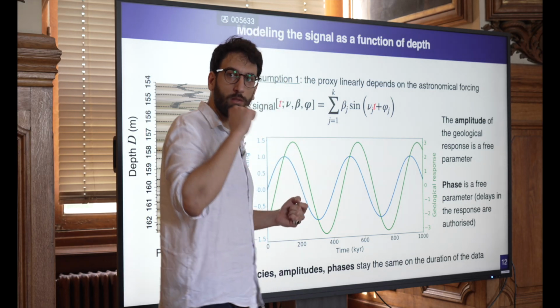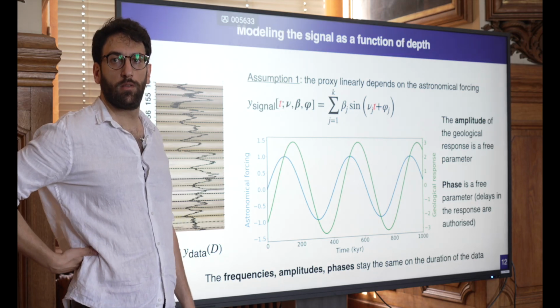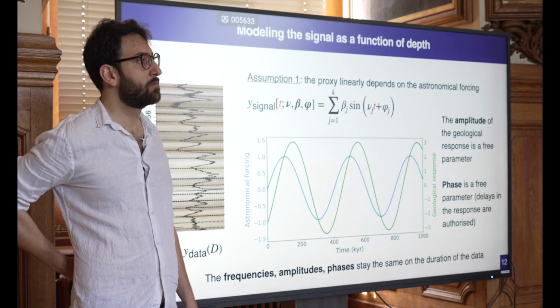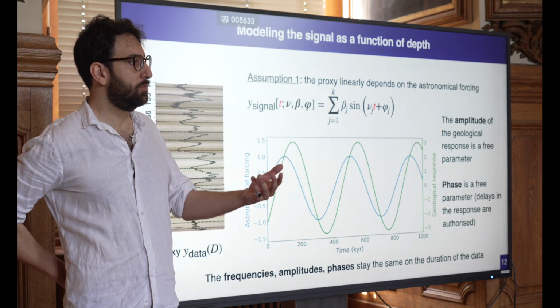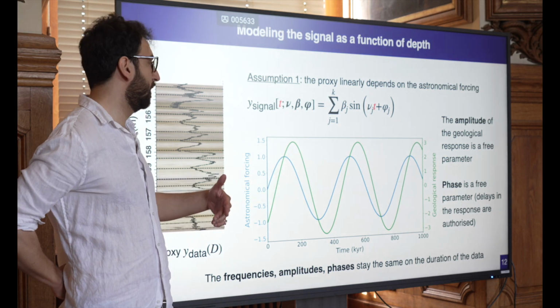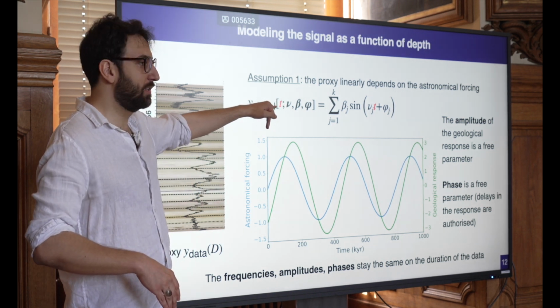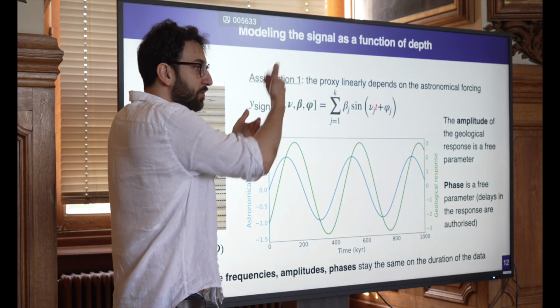There could be a phase shift between one proxy and the signal, and you will output it. It will appear as one of the fitted parameters. One way to reformulate your question would be, if you think of this as a phase shift between the astronomical signal and the response, you don't know here the zero point.